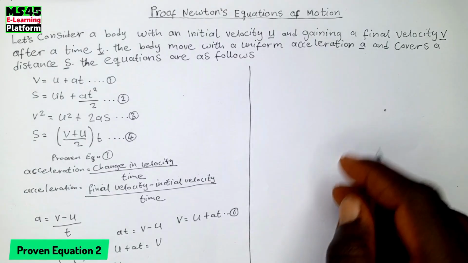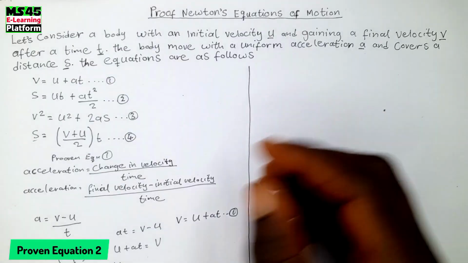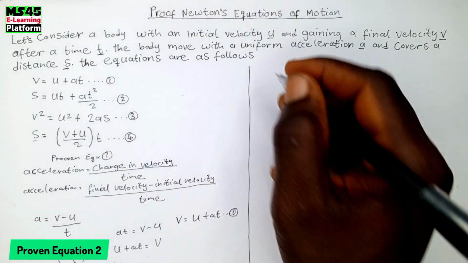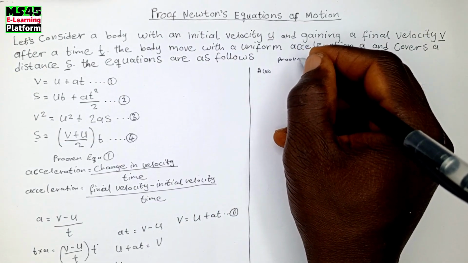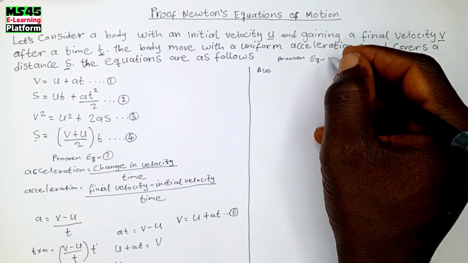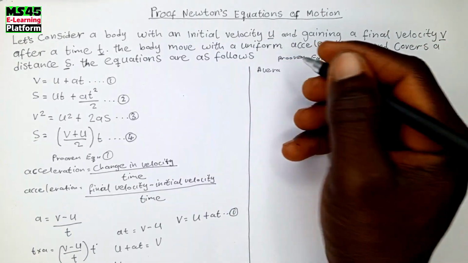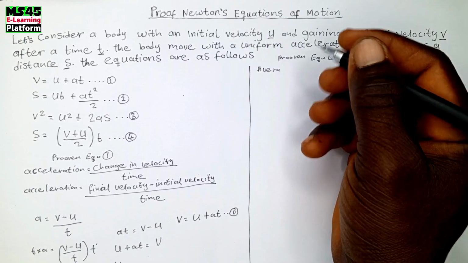Equation 2. Average velocity can be expressed as total distance over total time taken. Proving equation 2, average velocity is equal to total distance over total time taken.